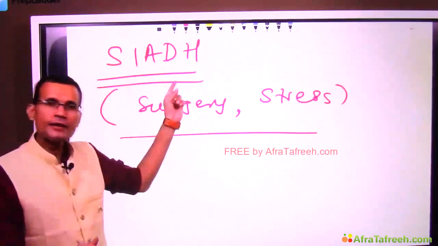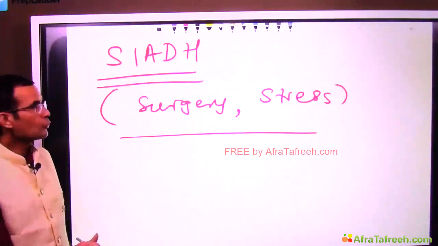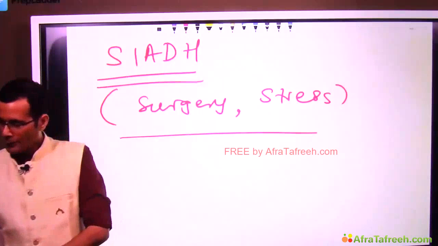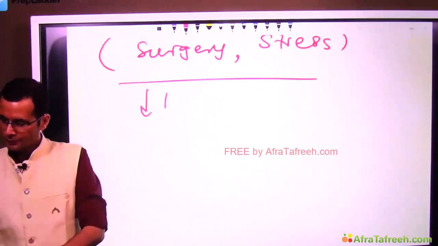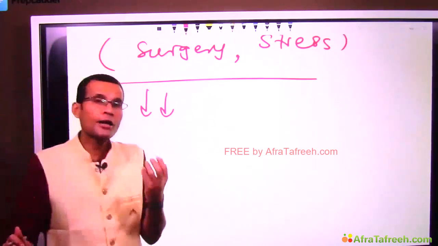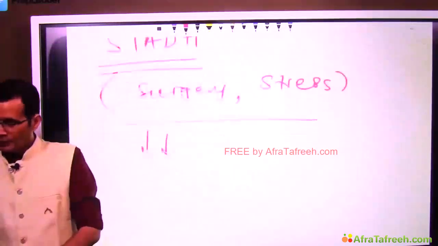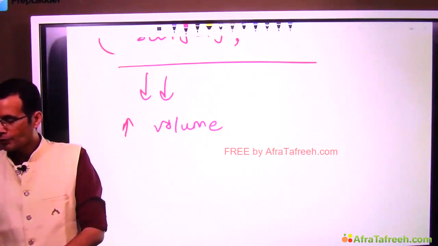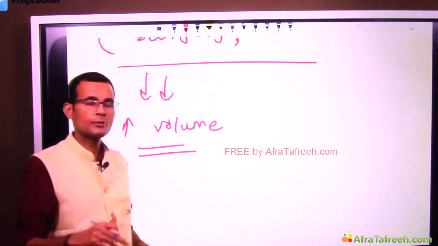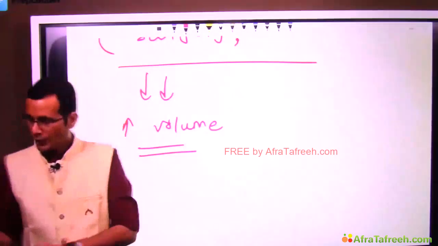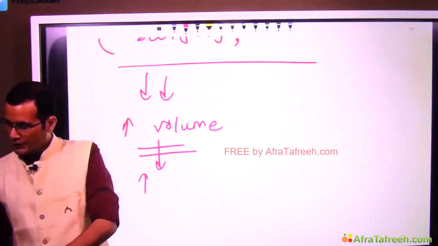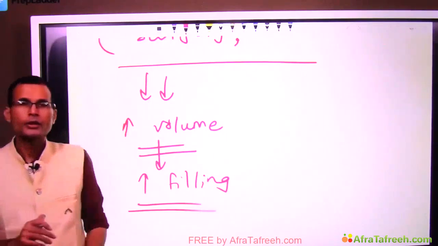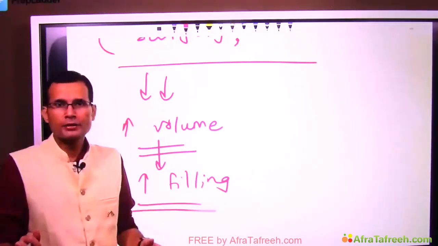Now there is inappropriate secretion of ADH. So who will regulate the tonicity then? What happens is, under this condition, since it is overhydration, circulating blood volume and plasma volume have increased, there is increased filling of the atria.